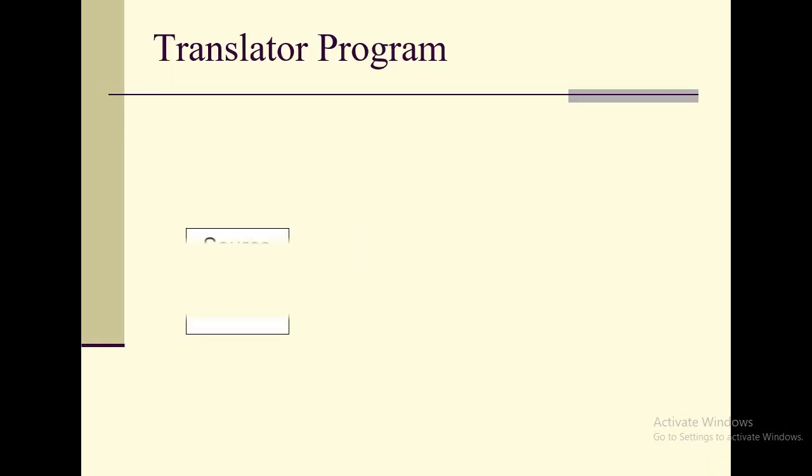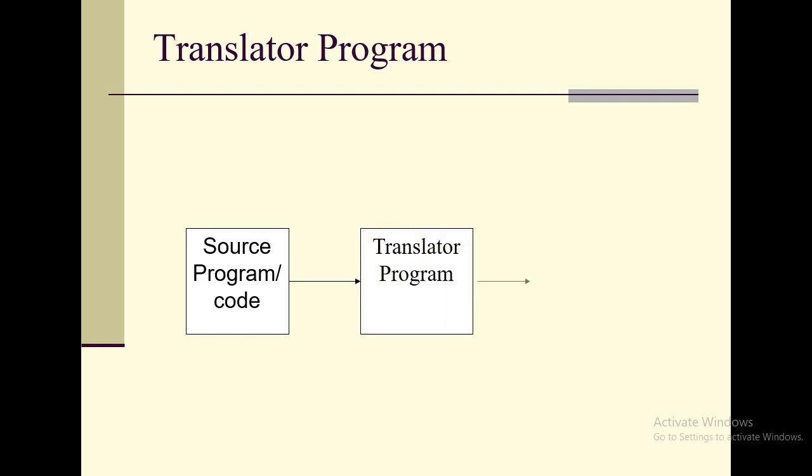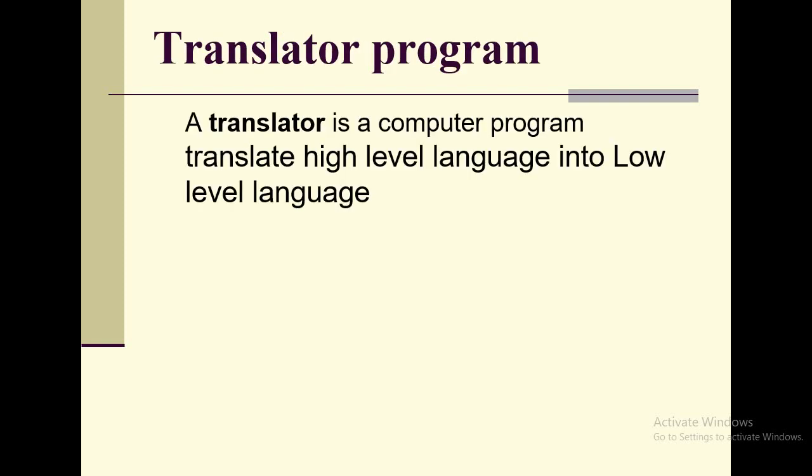A program written in high level language is also called source program or source code, and the translator program will convert it into object program, that is written in binary form, that is 0 and 1, that is low level language. So a translator is a computer program that translates a high level language into low level language.